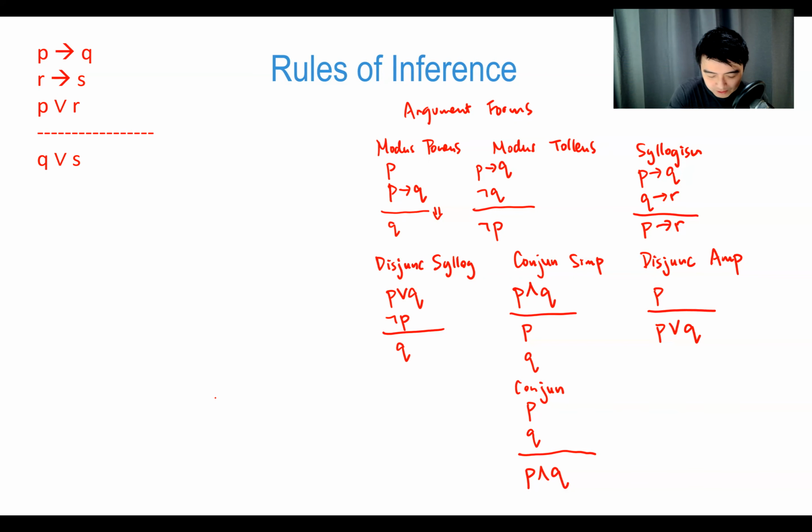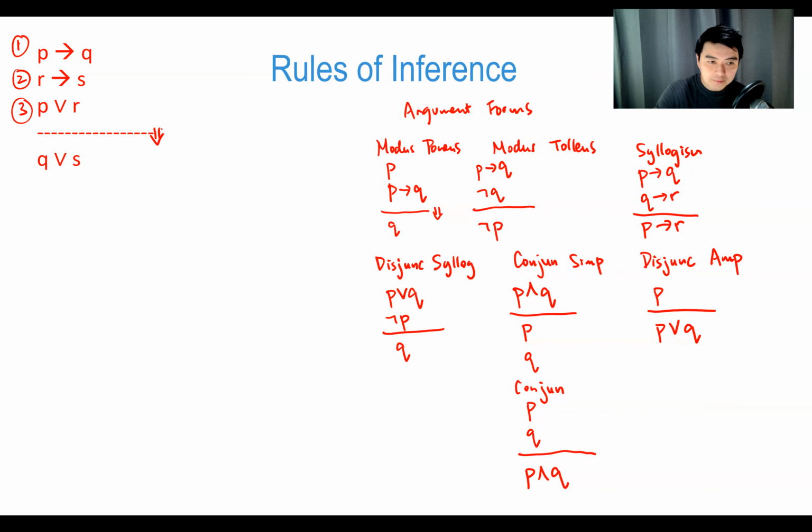So let's do the same thing. Here I want to show that this argument is valid. Here's number 1, number 2, number 3. I'm going to try to show that those 3 being true is going to imply Q or S. It's going to imply the conclusion.